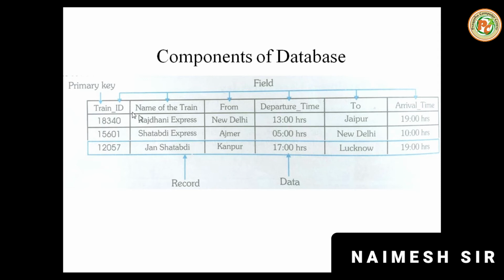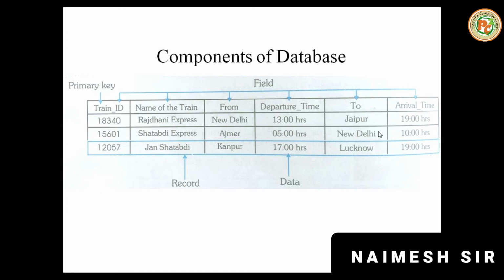So in a database, column names are known as field names. We can say train ID field, name of the train field, from field, departure field, to field, arrival field. So this is called the field. And this is called the row, meaning the entire row makes a meaningful data.